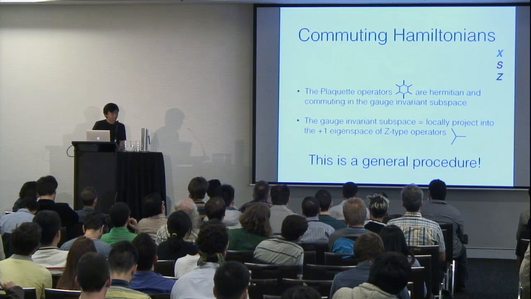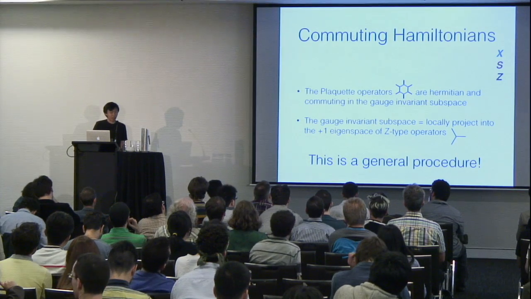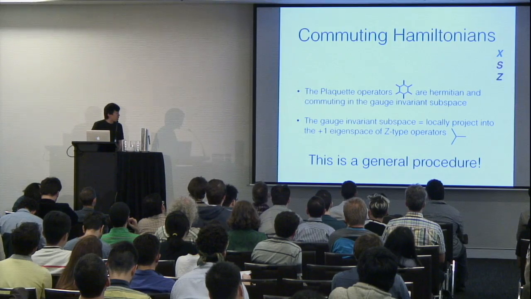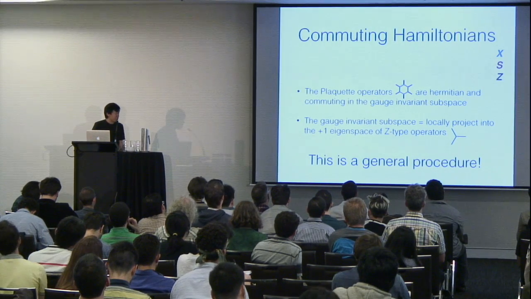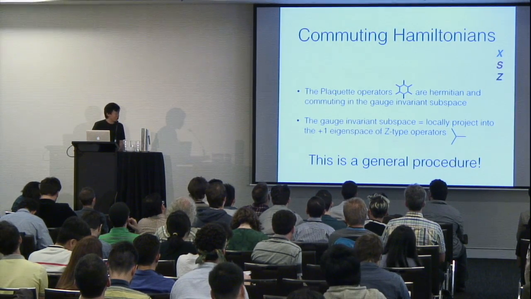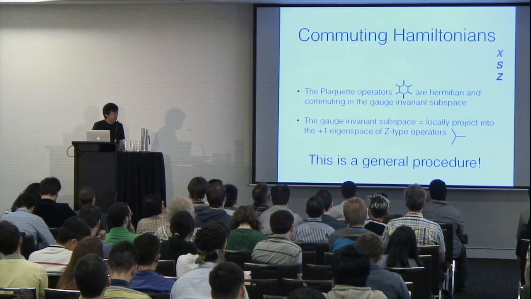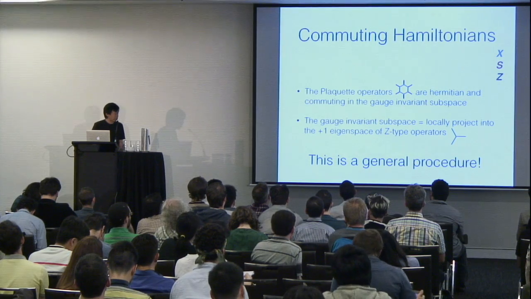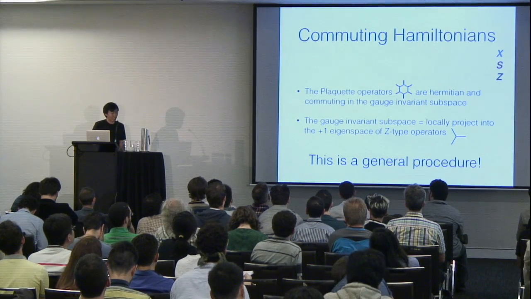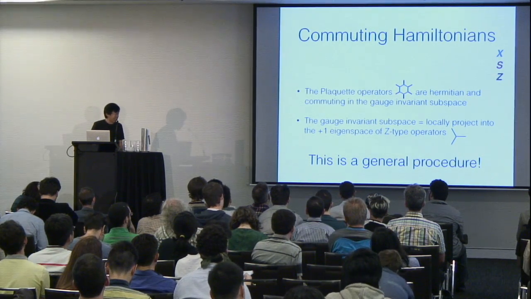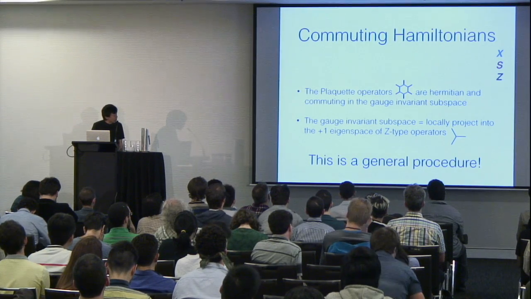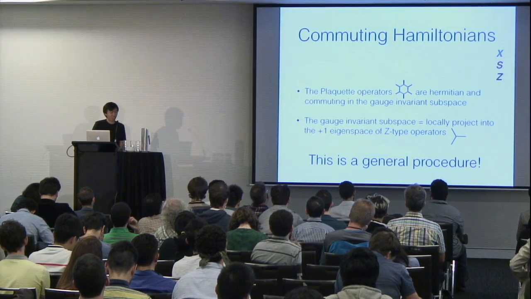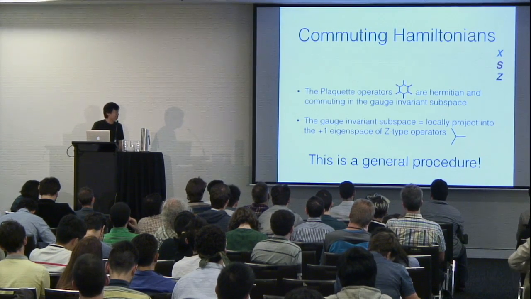Although in this case, we already know the original Hamiltonian because it's just the double semion model described by Levin and Wen, it turns out this type of procedure is general. For any XS stabilizer codes, we can always turn the generators into a set of commuting Hamiltonians or commuting projectors. And this procedure always preserves the locality if the original stabilizers have some locality.